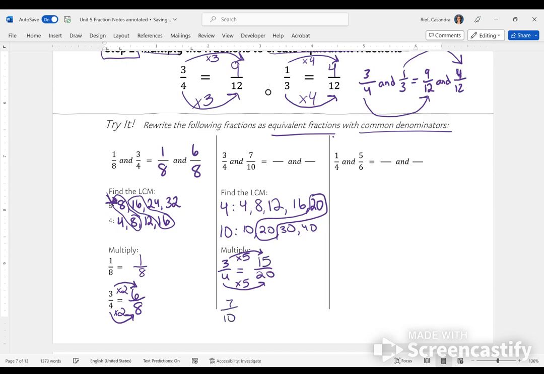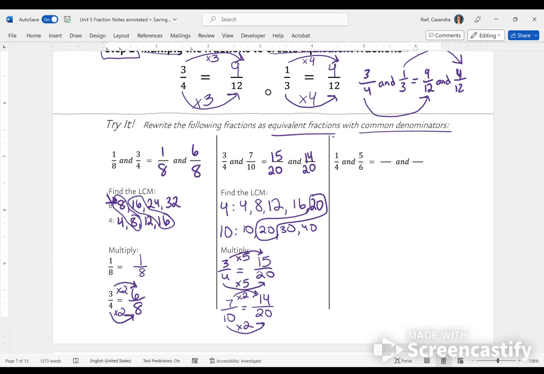And now 7/10, and I want to write that one as 20ths. To turn tenths into 20ths, I have to multiply by 2. So I'm going to do the same thing with my numerator, and I'll get 14 20ths. I can rewrite 3/4 and 7/10 as 15 20ths and 14 20ths. Now they're equivalent fractions with common denominators.